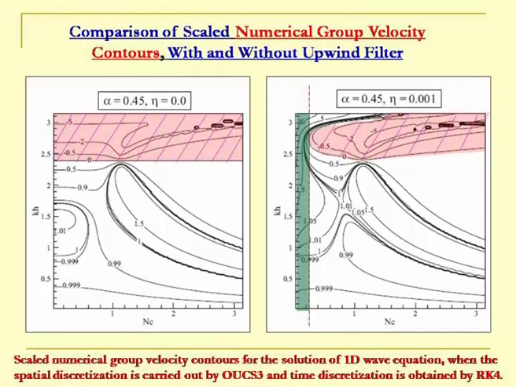So eta becomes 0.001, and then what happens? You see that this 0 line actually turns back, and then you have a region of MC, shown by this green shaded area on the right, for which there are not going to be any Q waves at all.